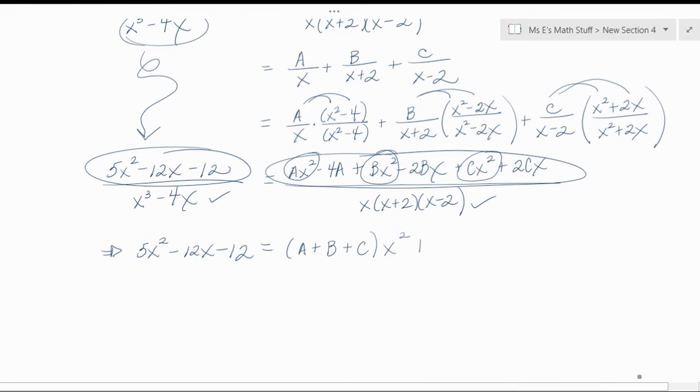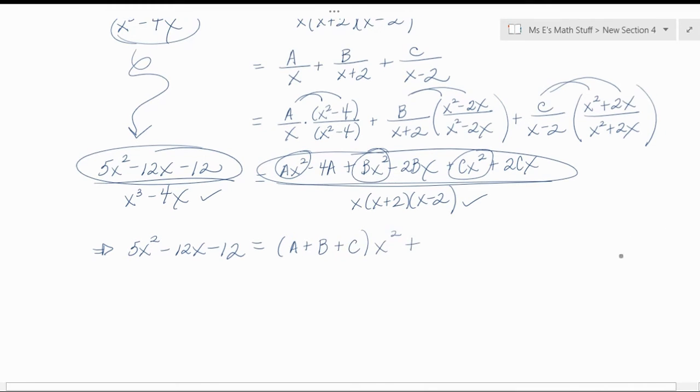There we go. Okay, next I'm going to do that with the x terms. So let's see, I've got negative 2Bx and 2Cx. And I've got a constant term, which I could write plus negative 4A, but I'm just going to write negative 4A.